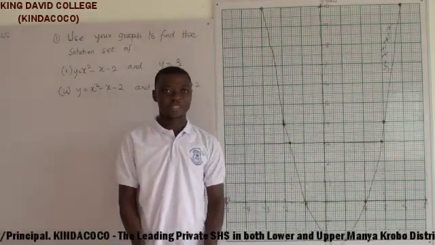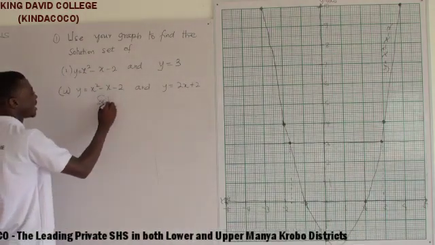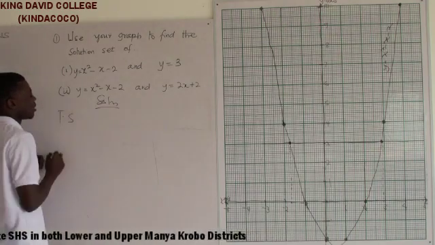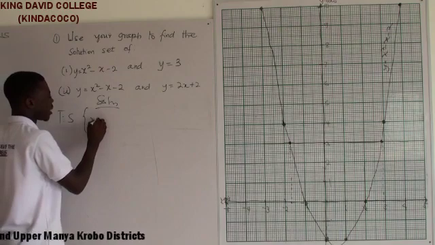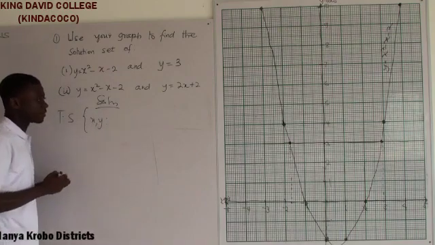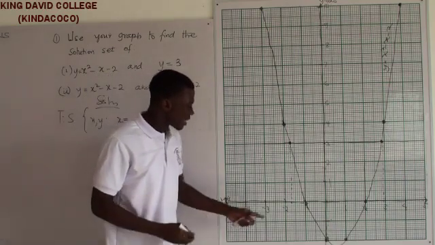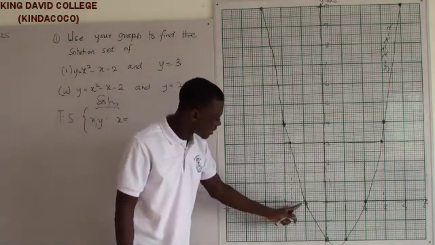I believe it's fine. So graphically, the solution set or the truth set of this specific one is x and y such that x is equal to, you just read the value of x over here.